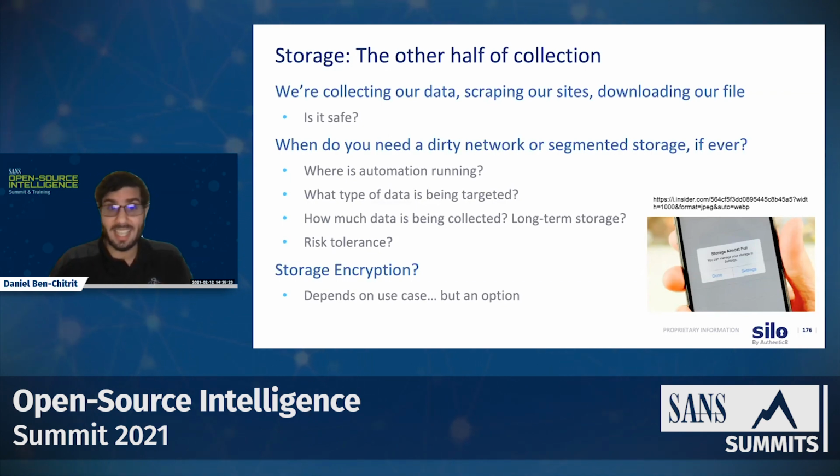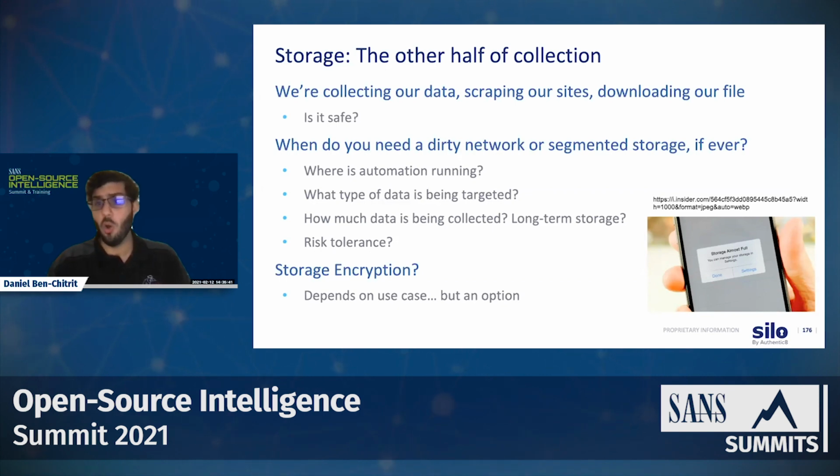Sometimes when you're collecting data that you think, oh, this must be safe, I don't have anything to worry about, there's something malicious that could be lurking in the shadows, and that could cause a breach that you were not prepared for. So risk tolerance is really important when it comes to storage.